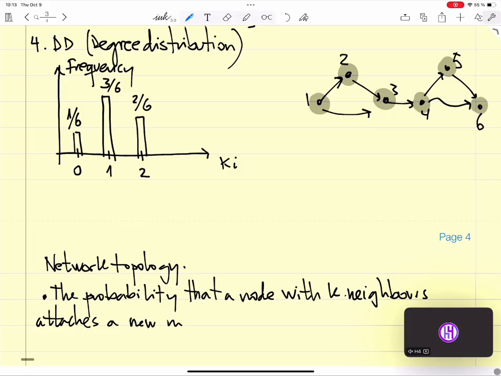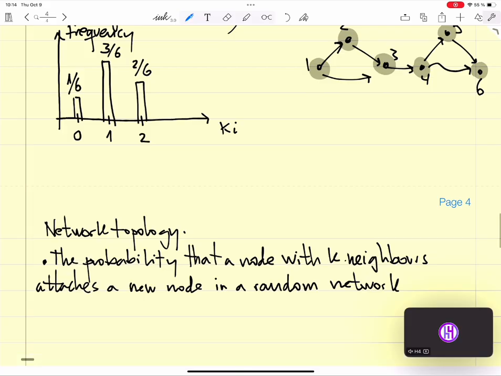A new node in a random network is given by a Poisson distribution.